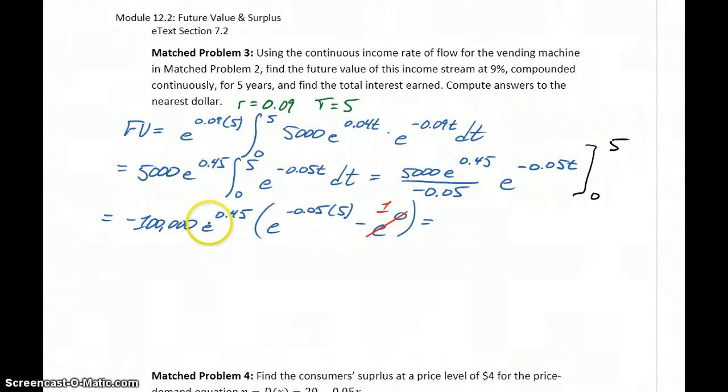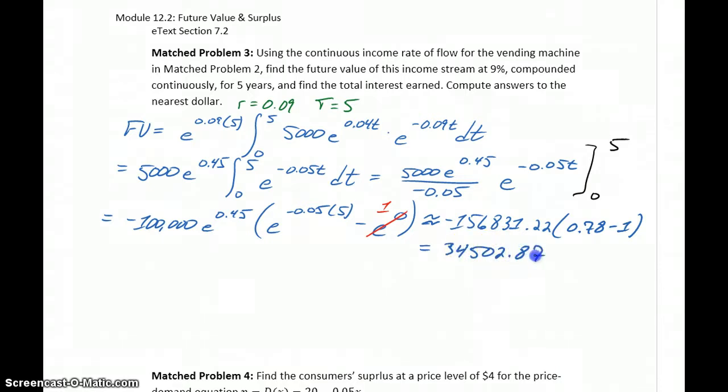But when I evaluated this portion of it, I ended up with negative 156,831.22 times, and actually let's put an approximate here because at this point I'm rounding things, 0.78 minus 1 gives us 34,502.87, and rounded to the nearest whole dollar is $34,503.